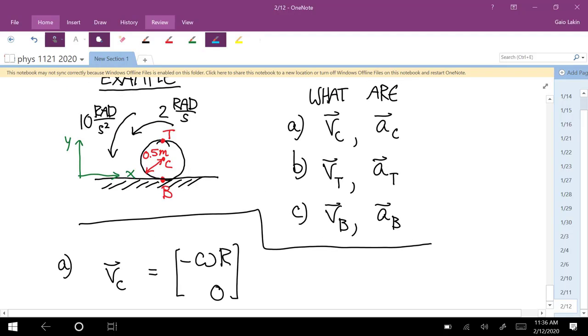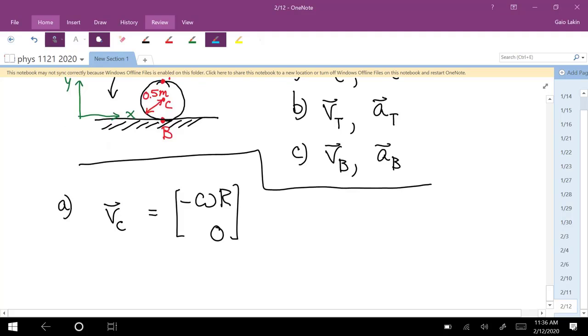What's omega in this example? Yep, positive 2 because it's counterclockwise. So this is positive 2. We have the negative sign in front of it, times the radius, which is 0.5.